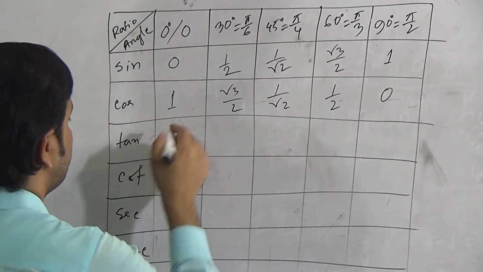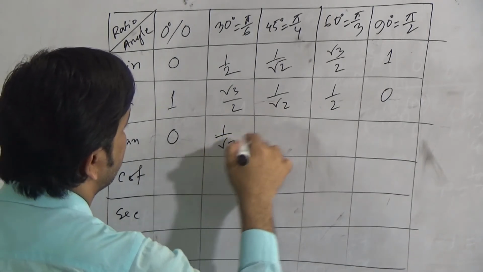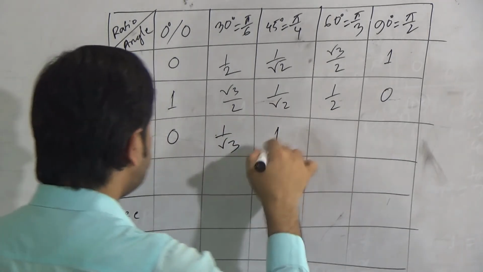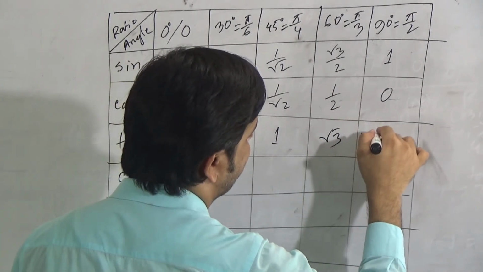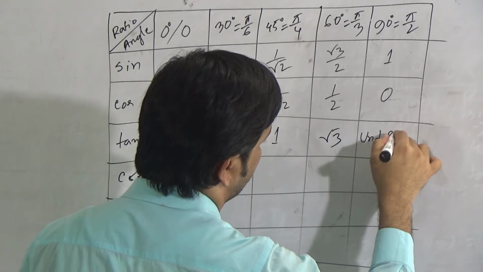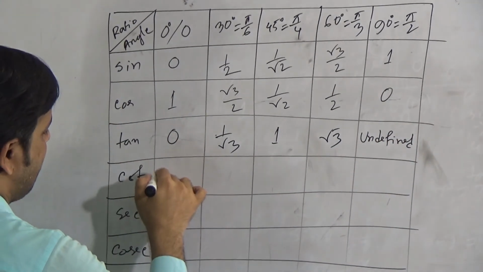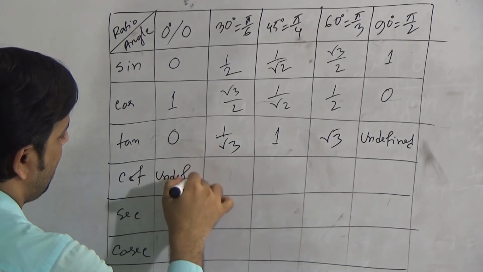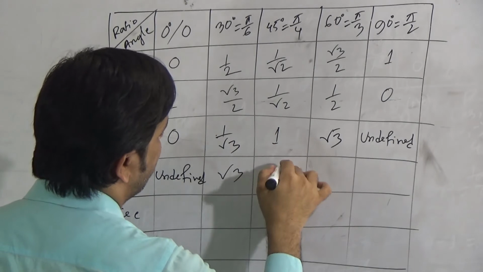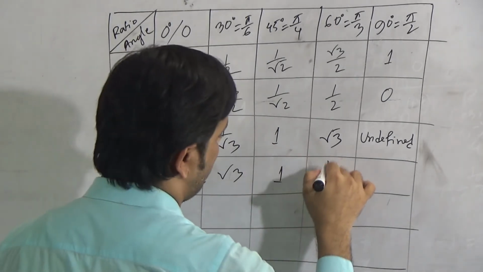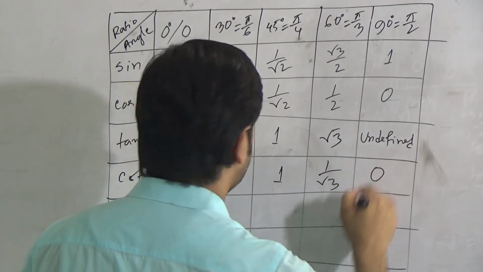Now tan 0 degree is 0, tan 30 degree 1 by root 3, tan 45 degree 1, tan 60 degree root 3, tan 90 degree undefined. Cot 0 degree undefined, cot 30 degree root 3, 45 degree 1, 60 degree 1 by root 3 and 90 degree is 0.